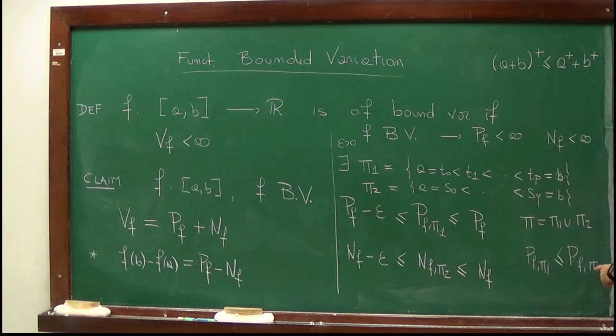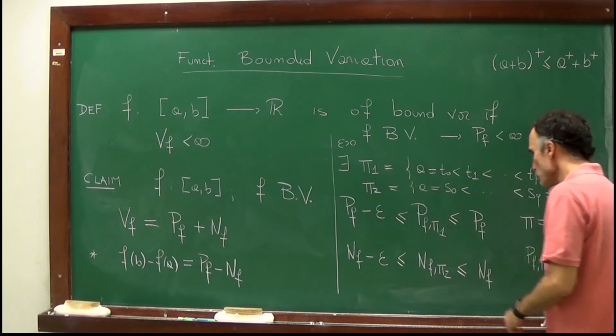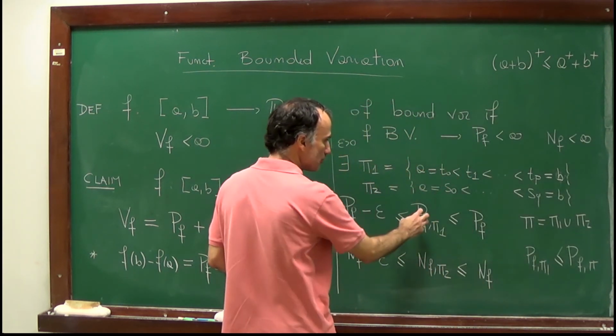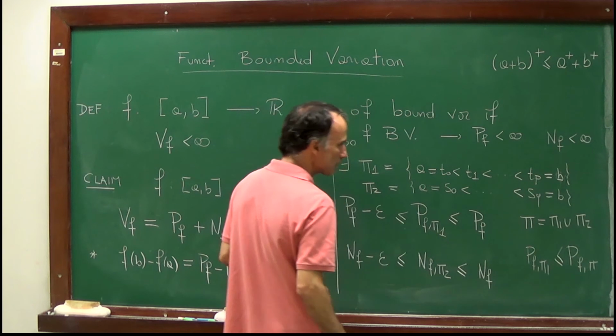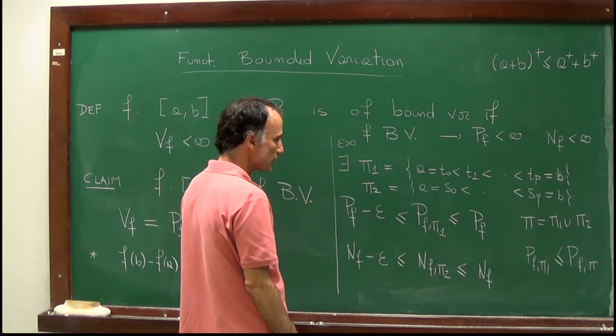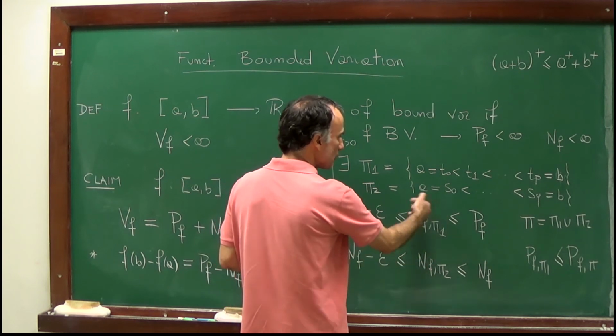So this new partition pi, which is the union of the two partitions, also satisfies this inequality, because you are increasing the positive variation, and you are increasing the negative variation. It's still bounded by the total positive or the total negative variation, and it's bounded below by that one.